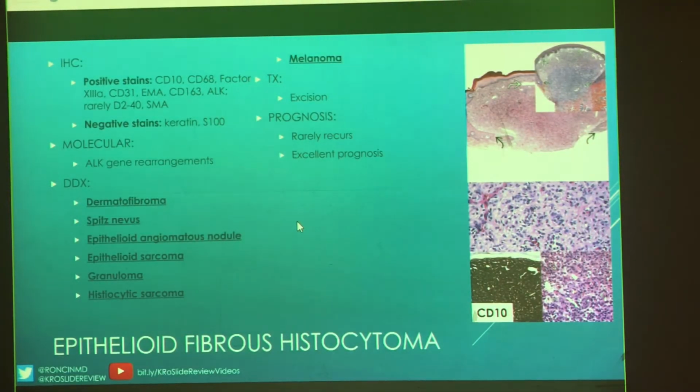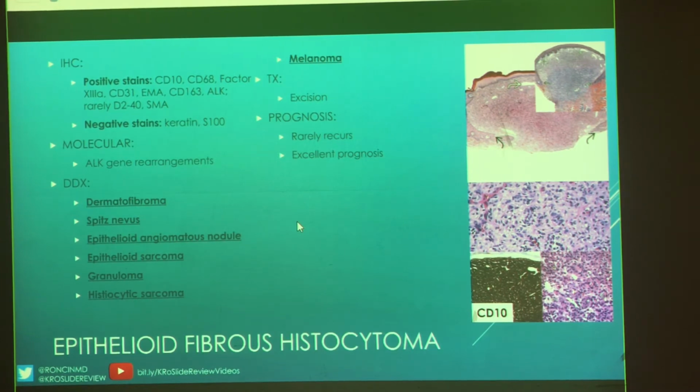Positive stains, so CD10, CD68, factor 13A. You start to notice a lot of repetition in the stains that we're seeing today. We also add in some vascular markers like CD31. You can see EMA, CD163. There can be ALK positivity, and rarely you can see podoplanin or D240 and SMA.